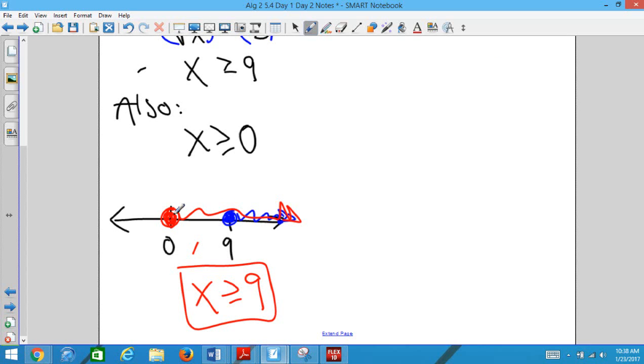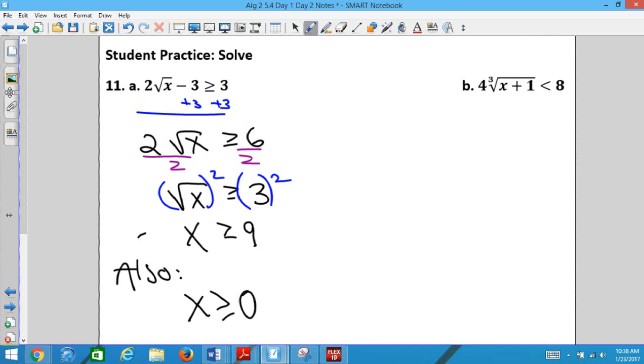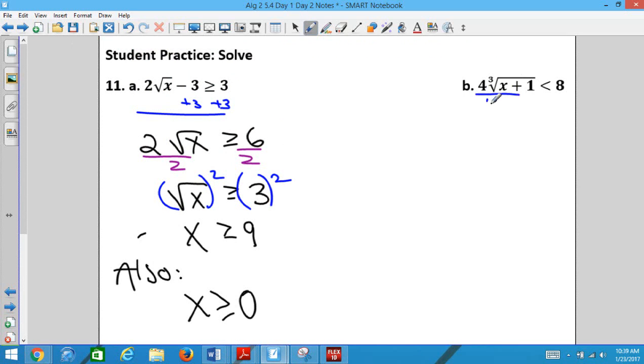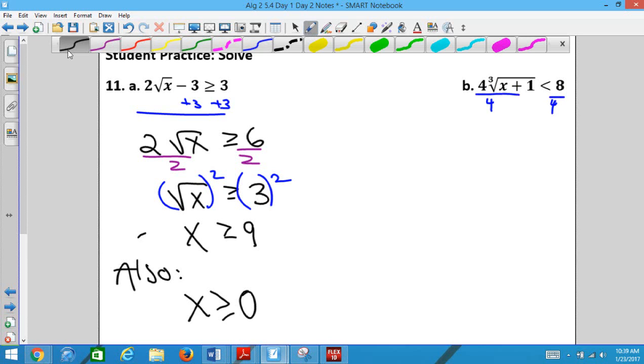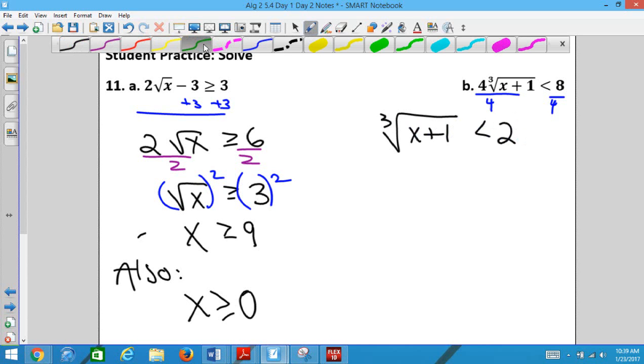Okay, let's look at the last one together. Question B, what are we going to do first? Divide by 4. And then, I get the cube root of x plus 1 less than 2. So why are we doing a cube?